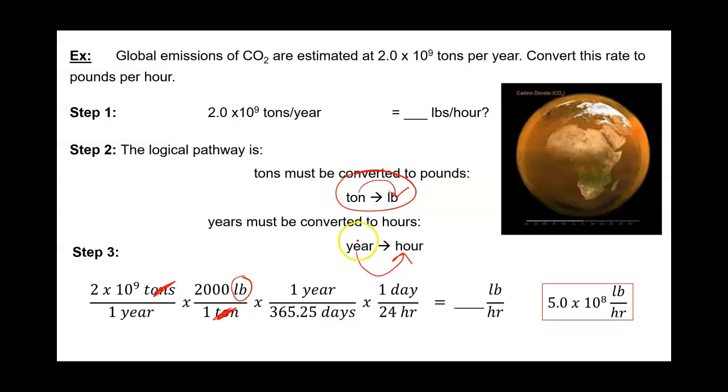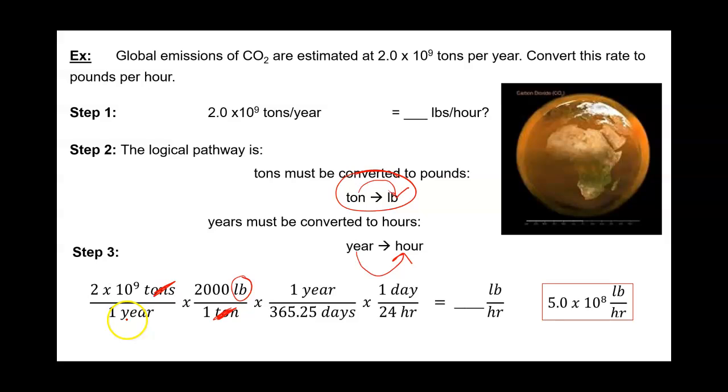But now I have to convert my years into hours, and I don't know how to do that in one step. So the first thing that I'm going to do is convert it into days, because I do know how many days are in a year.